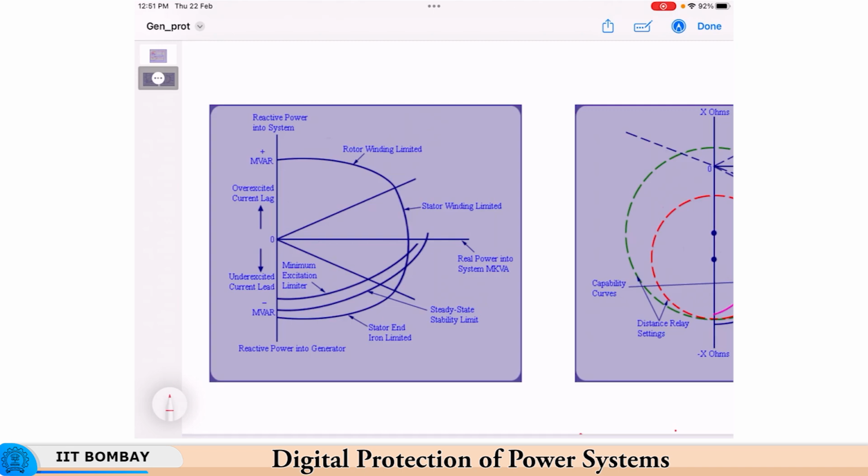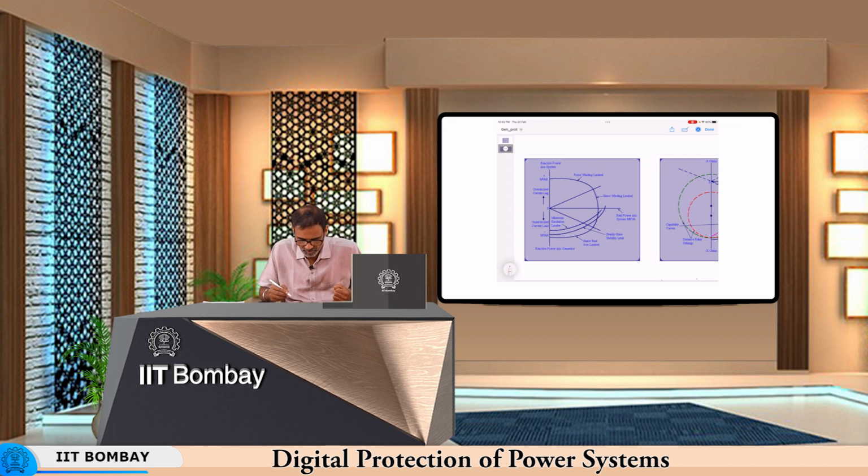Also, if we were to ignore that, at a very reduced level of excitation there is a problem of the end windings, okay, the flux concentrates there, and the end windings get heated beyond their capacity. So, you have a stator end winding limit also. Okay.